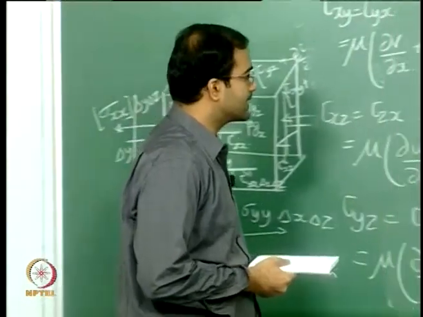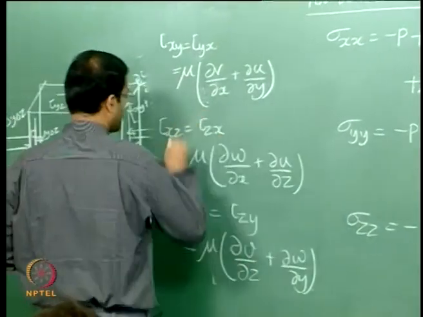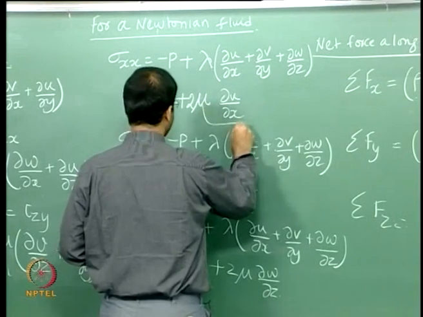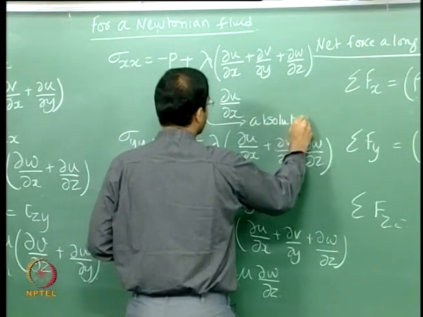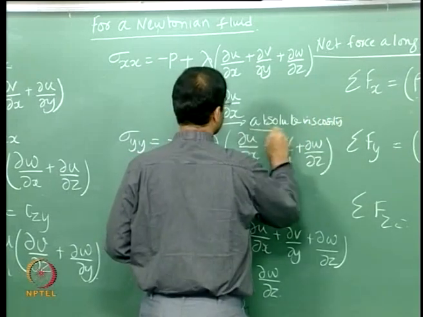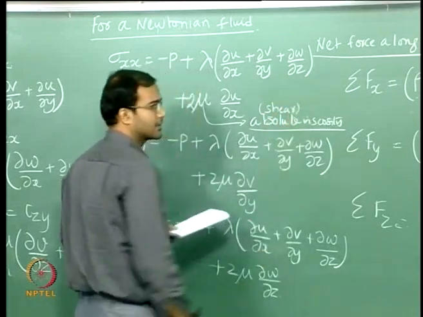Now what are these lambda and nu here? This nu, as you all know, is your absolute viscosity. This is also called your shear viscosity sometimes, which you are all familiar with.